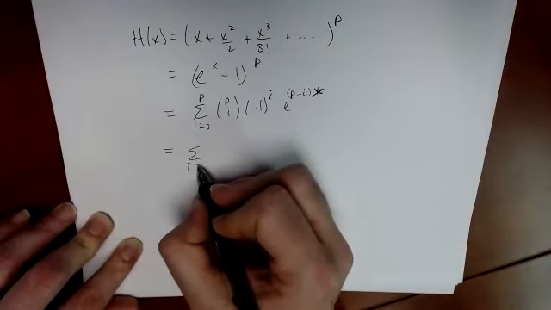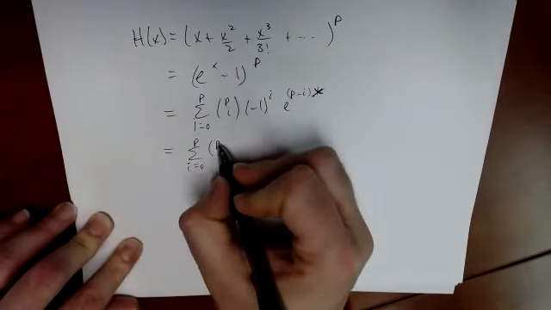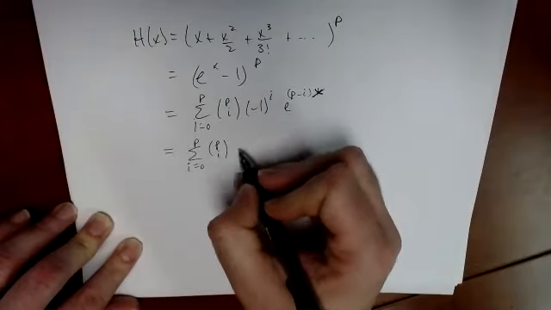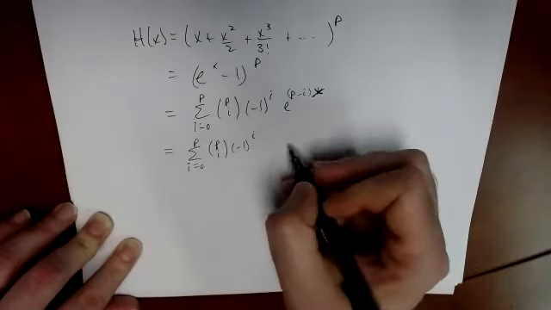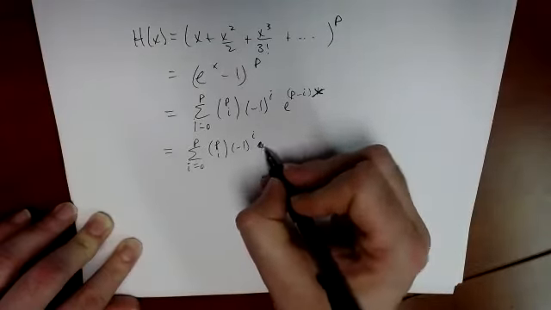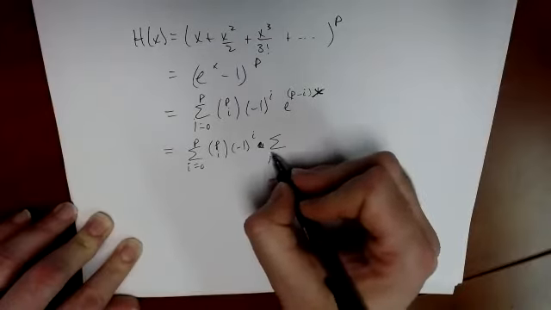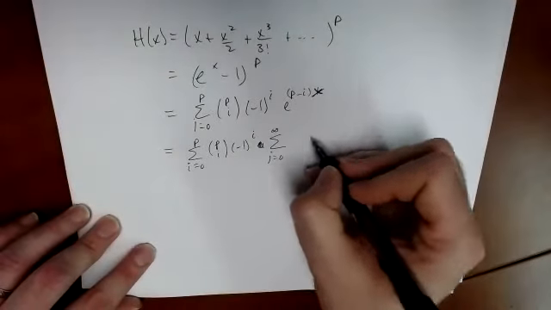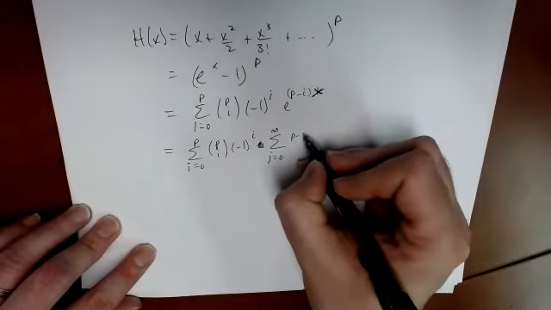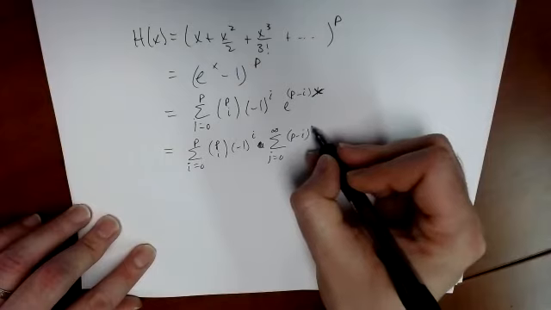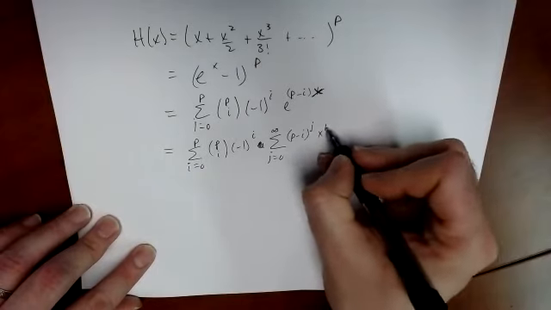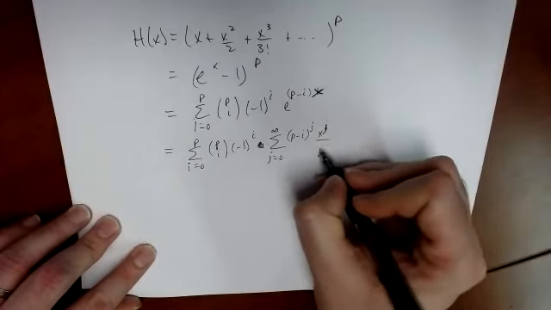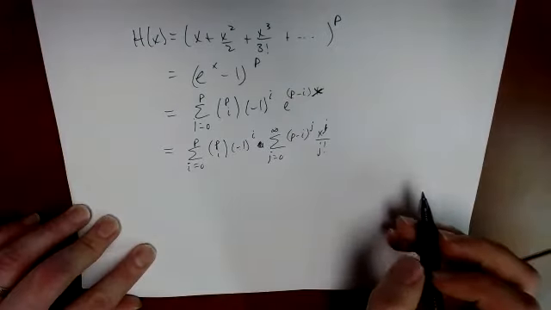Then that's the sum as i goes from 0 to p of p choose i minus 1 to the i, e to the p minus i, which becomes the sum as j goes from 0 to infinity of p minus i to the j, x to the j over j factorial.